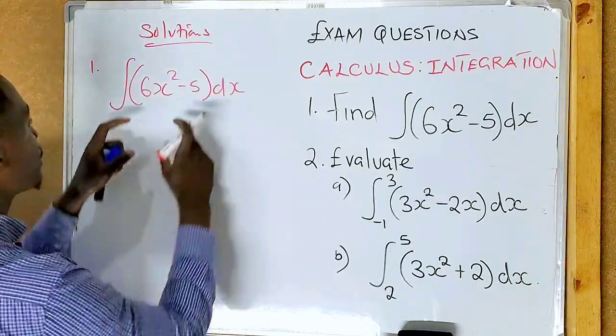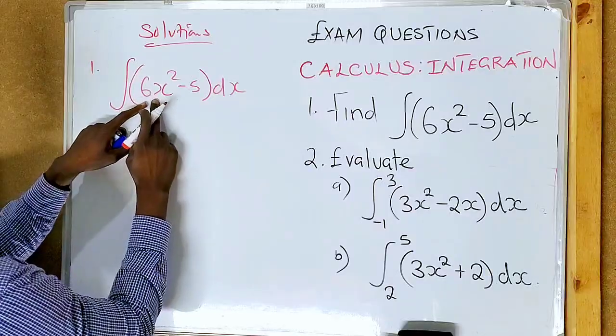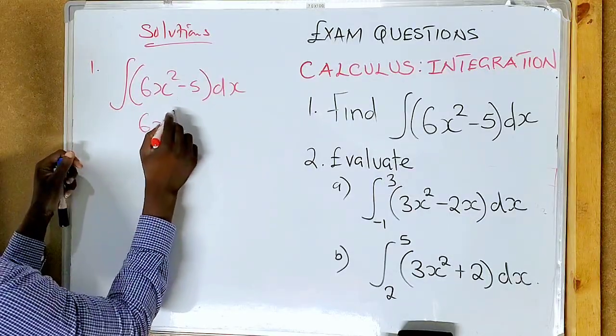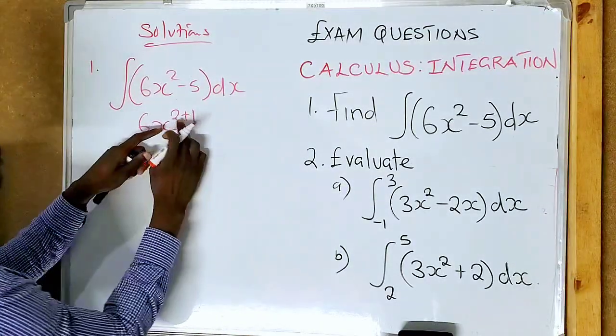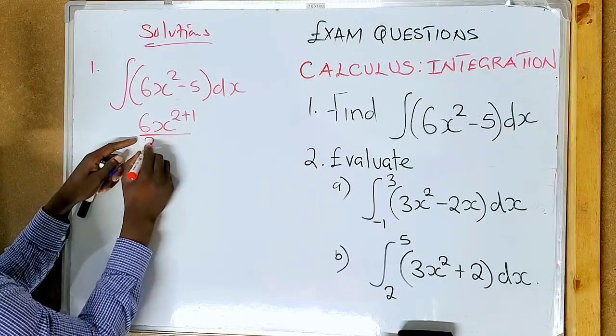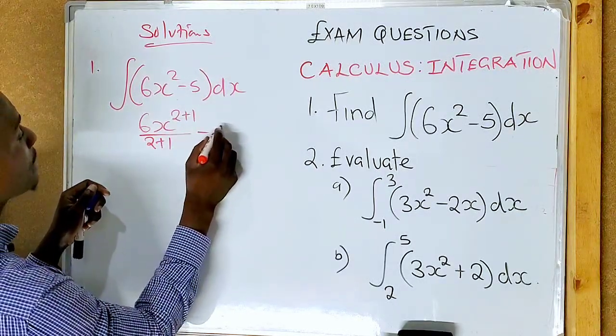Solving this is very, very simple, guys. You write 6x, you add 1 to the power, and then divide by the new power, which is 2 plus 1. Simple. Minus 5.